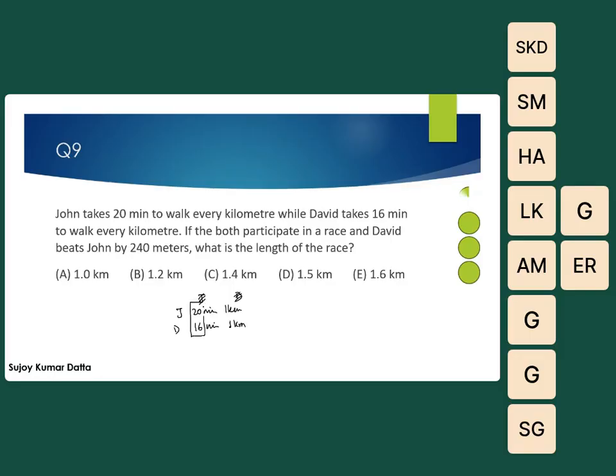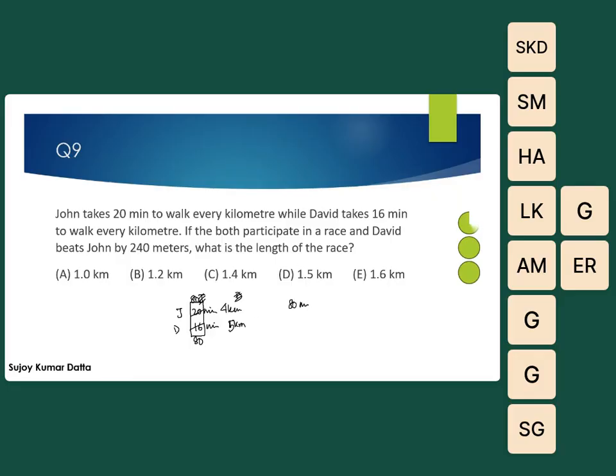So if I want to make the time equal, what's the LCM of 16 and 20? 80. So if I think of 80 minutes for both, that's 4 times, so this will be 4 kilometers, and this is 5 times, so that will be 5 kilometers.